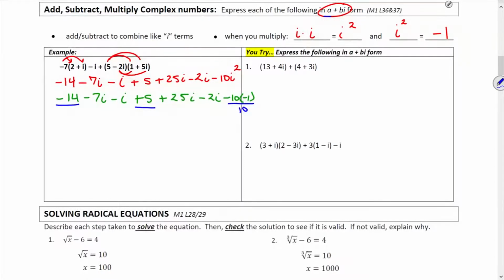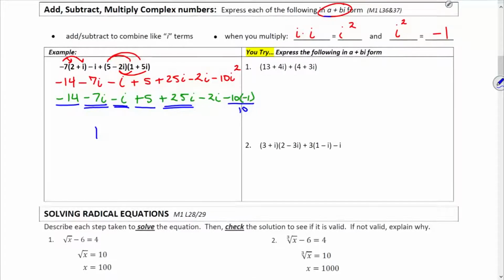So if I have -14 plus 5 is -9, plus 10 is 1. Okay, and the complex terms, I have -7i, and minus i is -8i, plus 25i is 17i, minus 2i is plus 15i.